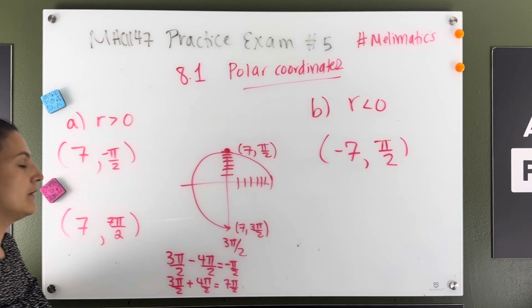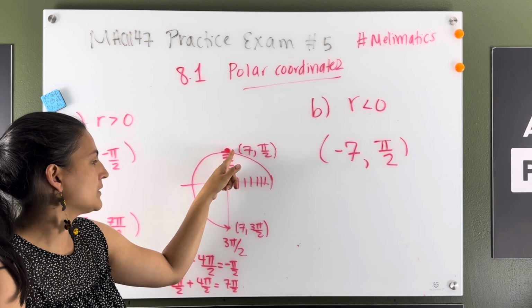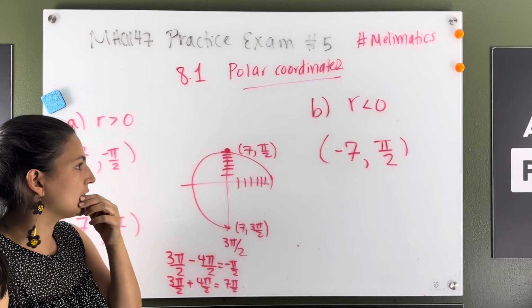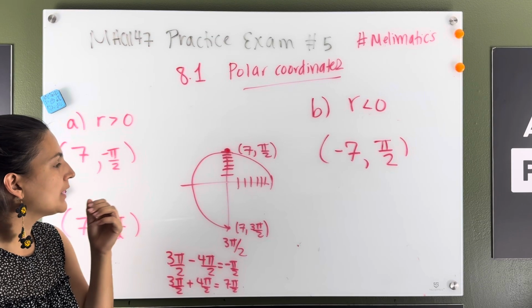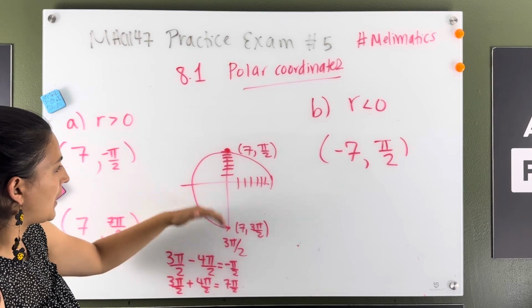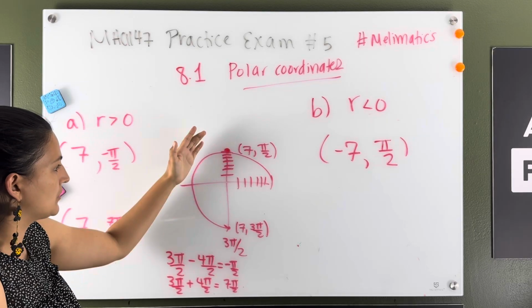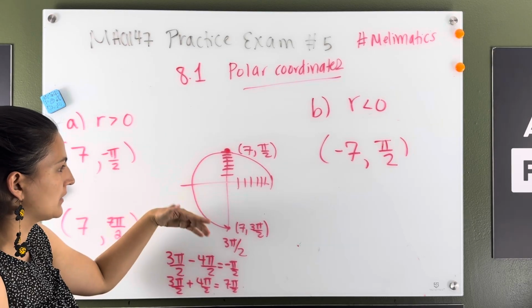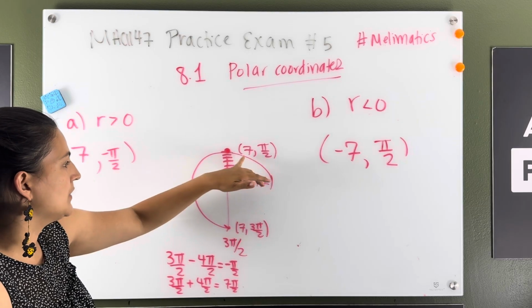Okay, again, if you didn't know what that point is, which we do know that that point is pi over 2, then remember that when you're going in the opposite direction, you are 180 degrees in the opposite direction, so you would subtract pi. So 3 pi over 2 minus pi is pi over 2.